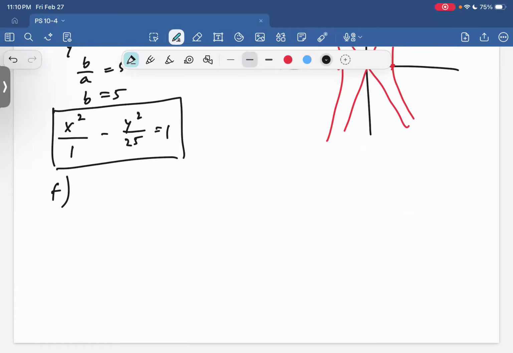F, now I'm given foci and asymptotes. So the foci are at 0, 8, and 0, -8, and the asymptotes are positive 4x, negative 4x.